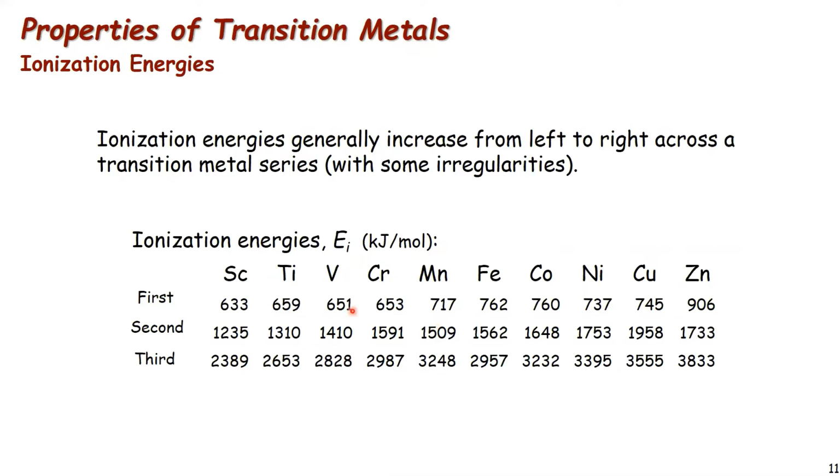So it's going to require more and more energy to rip off the electrons. And that's basically exactly what we see. There's a few anomalies where we see a little bit of a dip, but for the most part, the ionization energies increase as you move from left to right across the periodic table. And again, that is due to the increase in the effective nuclear charge as we move from left to right across the periodic table.